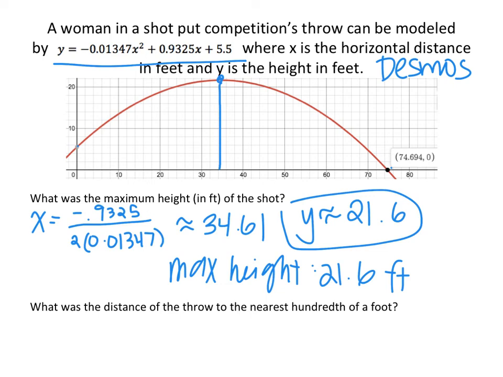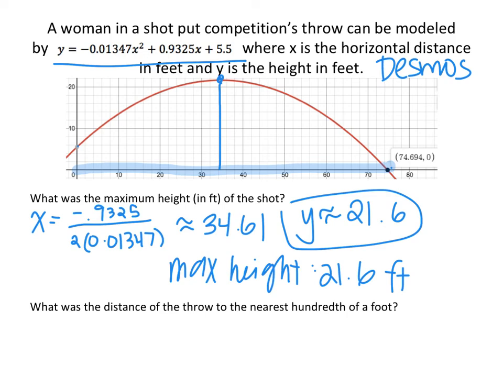What was the distance of the throw to the nearest hundredth of a foot? At this point, we're not able to find it algebraically yet. We'll find out later this section. But the distance of the throw, I know when it finally stops is the point when it hits the ground, right? So I want to see, what is this x value? What is this total distance that it traveled?